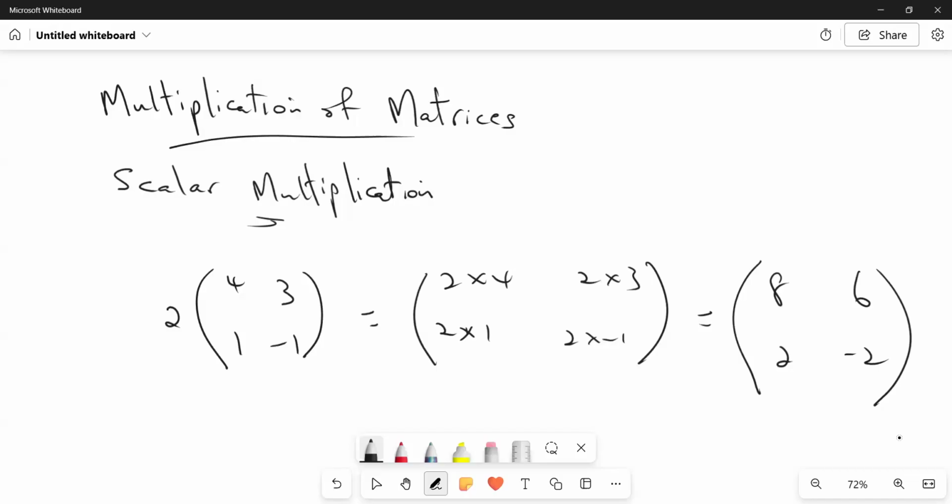Very simple. When you have to multiply by a number in front there, you just multiply everything inside by the number in front. And that's it, sir? Nothing else? That's it. This is only scalar multiplication.